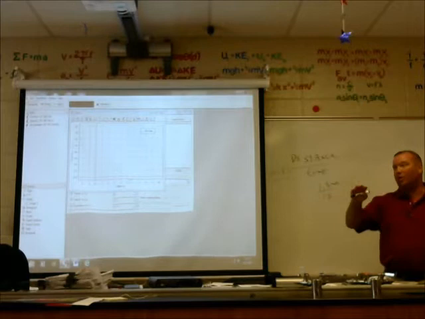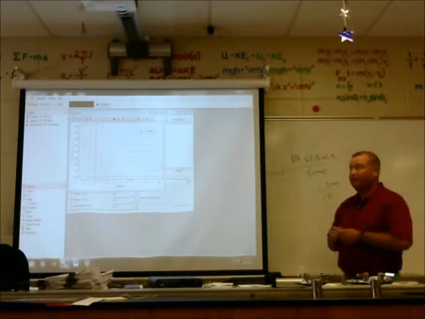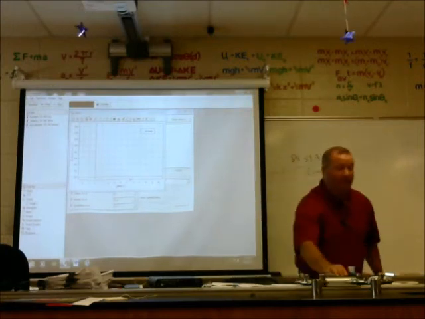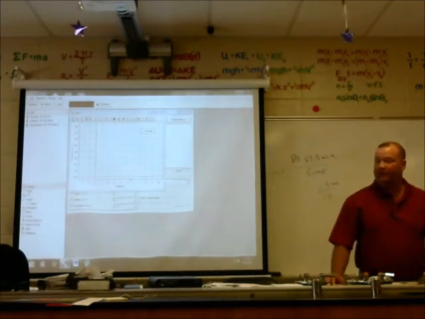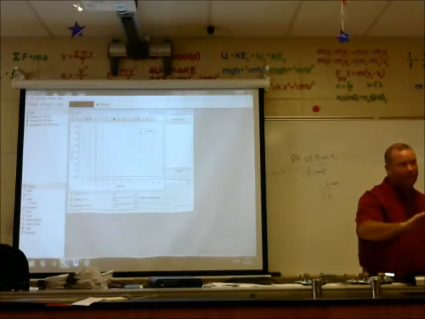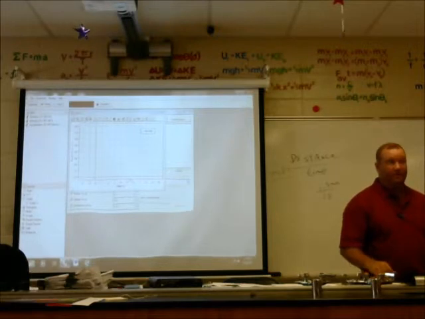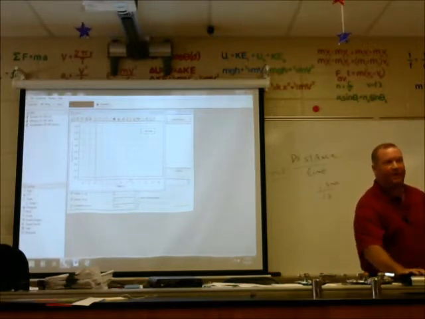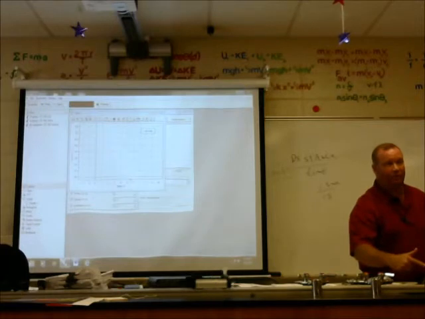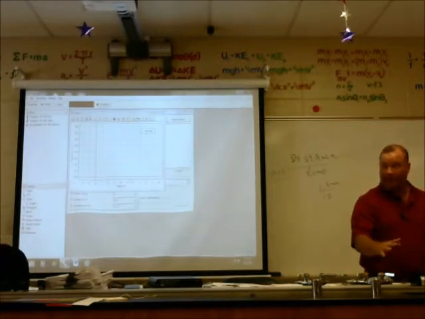If it went 2 meters down and back, up to, how much total distance has it covered? Down to, back to. How much total distance? Everybody agree 4 meters?